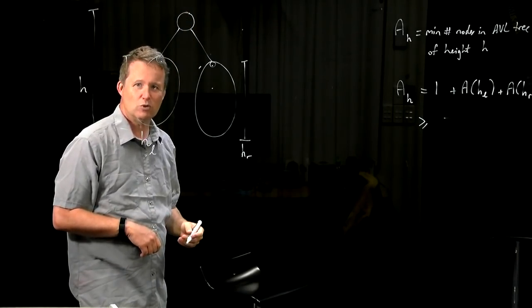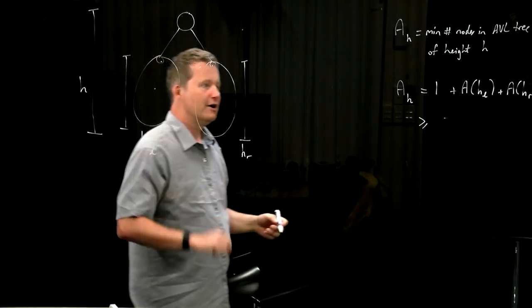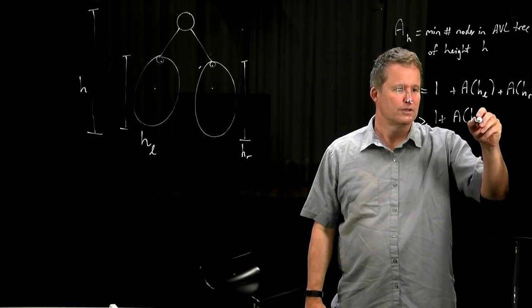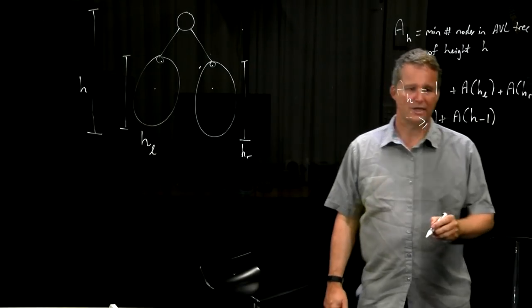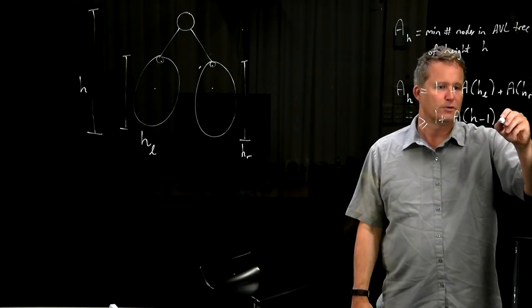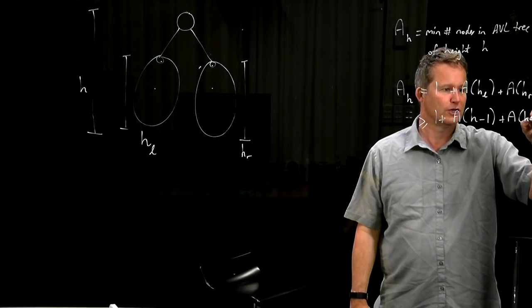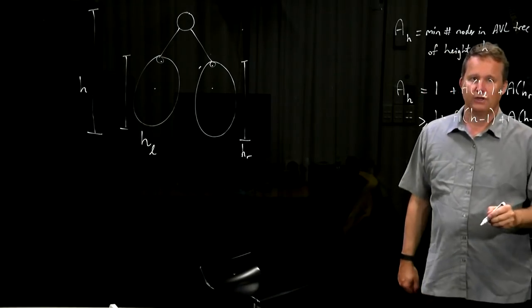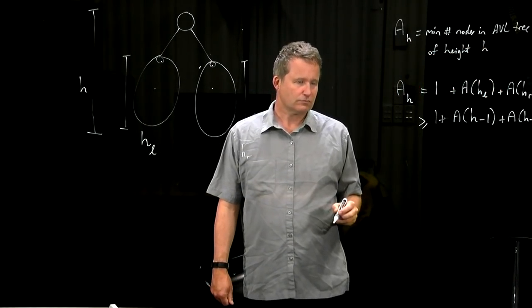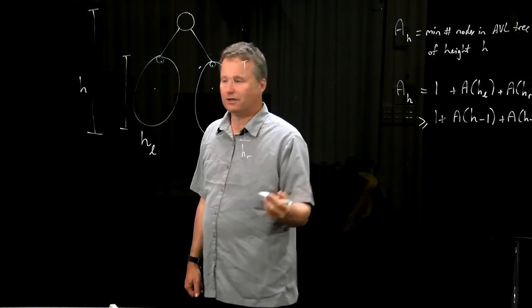So the absolute smallest number of nodes we could have here is 1 plus the number you have in a minimizing tree of height h minus 1 plus the number you have in a minimizing tree of h minus 2. And in fact, it's easy to see that that's the equality.